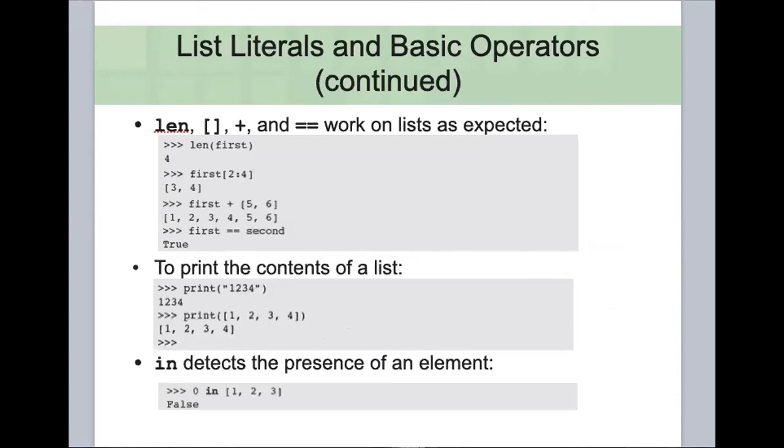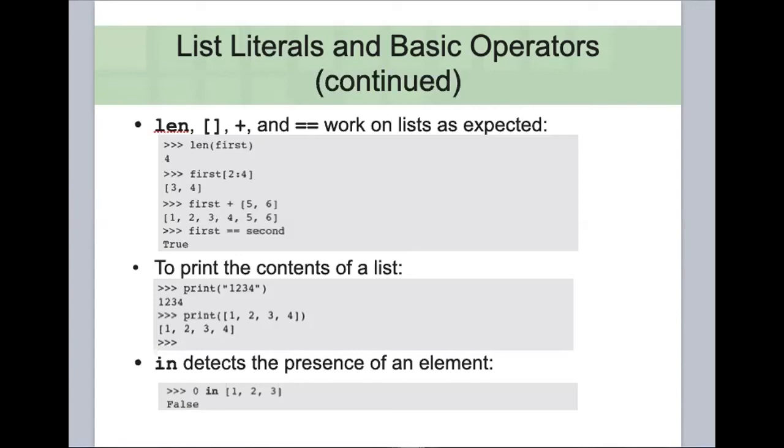Now, the length function and the subscript operators, the open and closing square brackets, work just as they do for strings. So the length of, let's say, first, that list, is 4, and the first element at index 0 is there, and then you would have, let's say here, 3 comma 4 would be the second and the fourth element associated with that particular list.